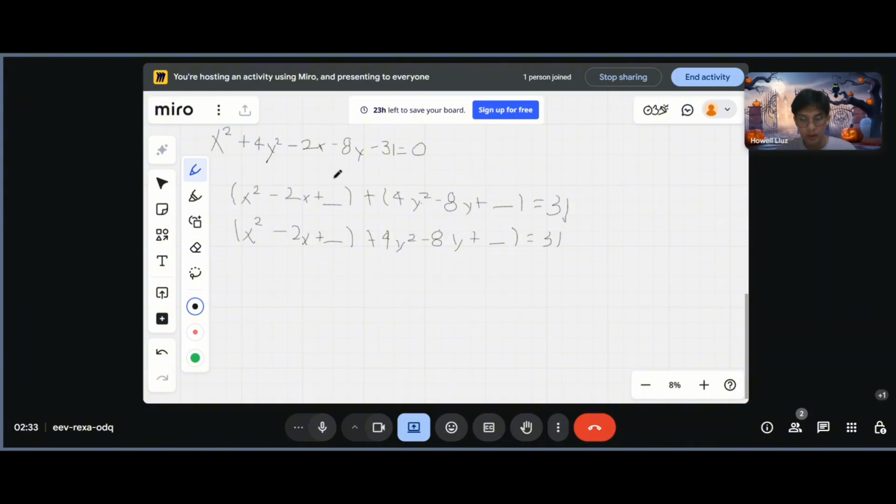Oh sorry, I was able to get negative 2 because I factored out 2.